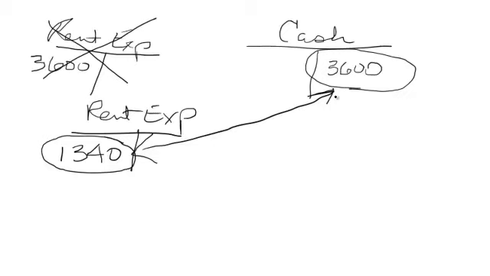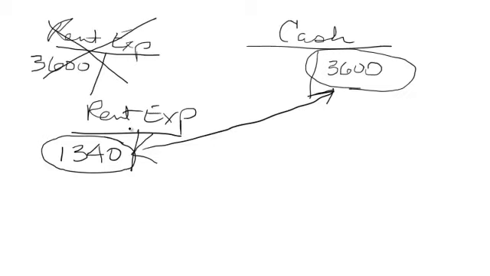Column 3 says identify the account or accounts that are incorrectly stated. Well, hopefully everybody can see that it's just rent expense. Rent expense should have been $3,600. Rent expense was $1,340. Okay, so rent expense is the account with the incorrect amount.